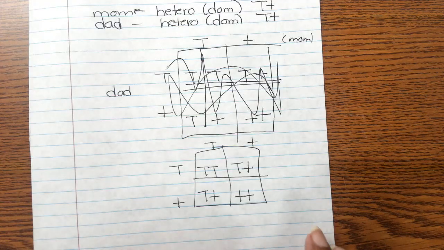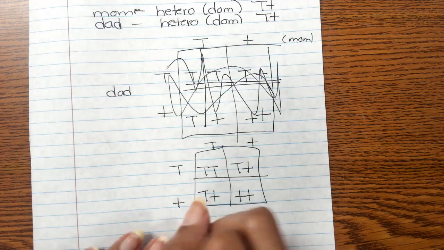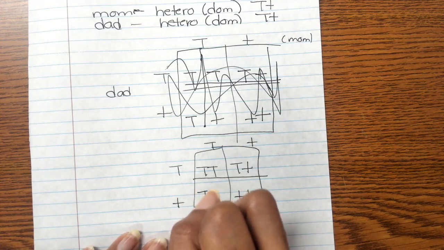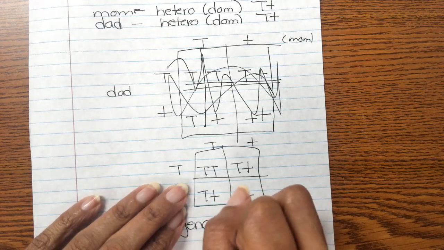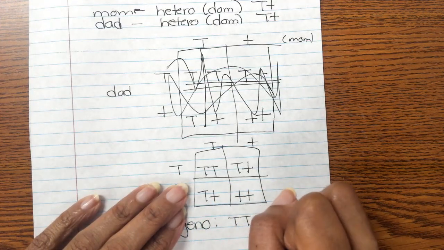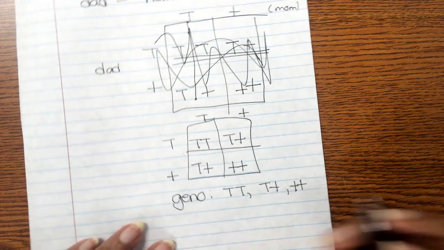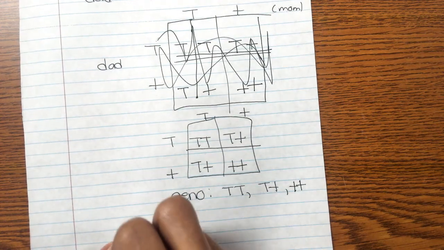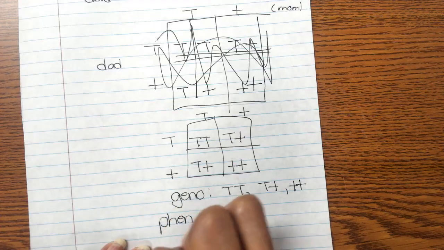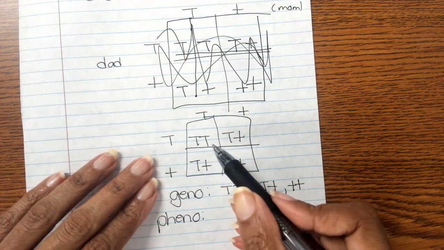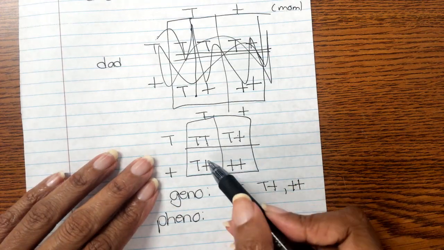Okay, so now let's look at the genotypes. The genotypes we have are big T, big T, big T, little t, and little t, little t. So the possible phenotypes, okay? So the big T's, 1, 2, 3.